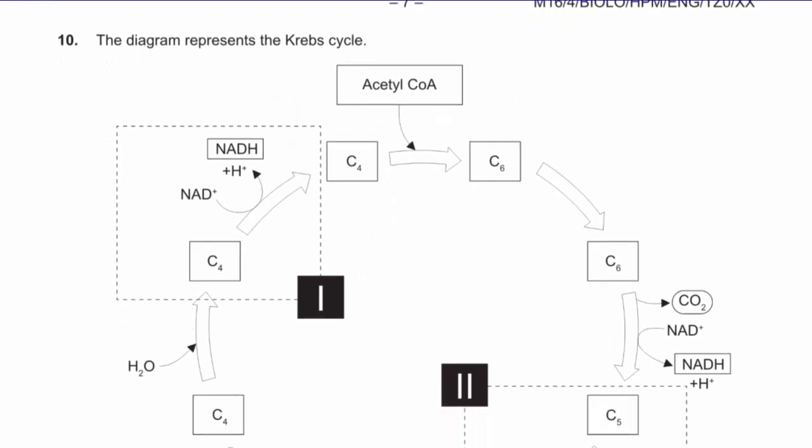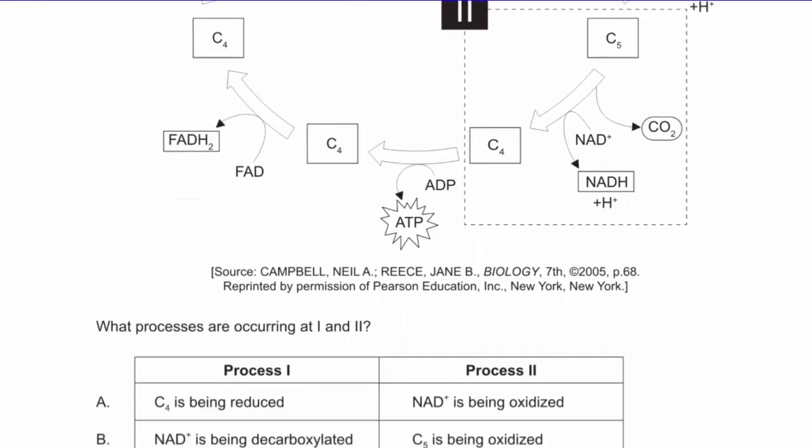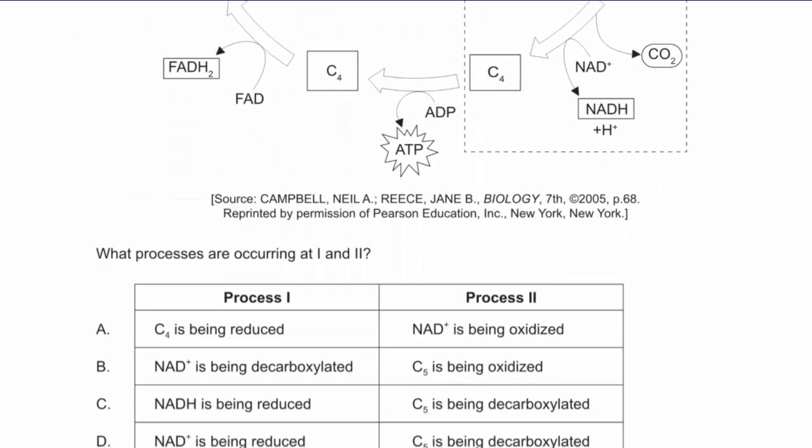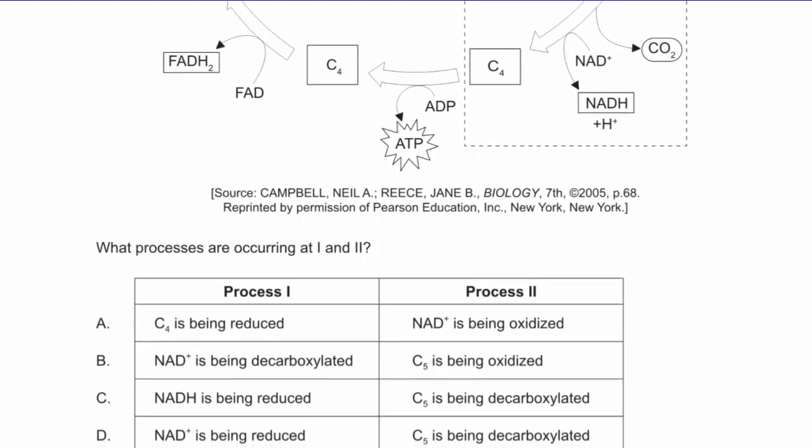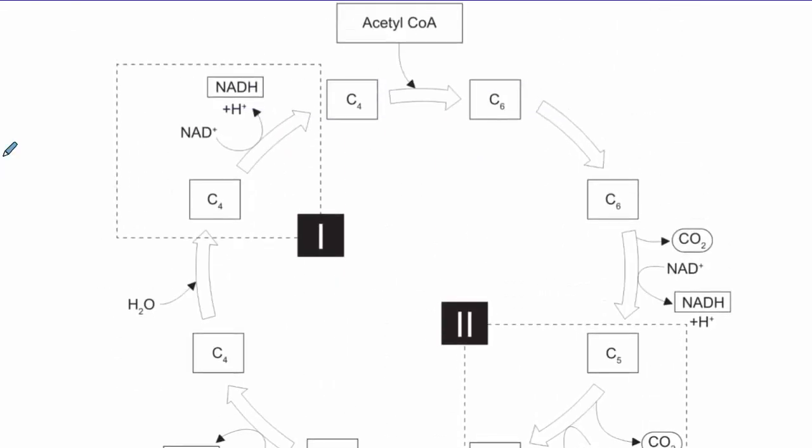Number 10. The diagram represents the Krebs cycle. Which processes are occurring at 1 and 2? So let's just look at 1 first. And here we see that NAD plus is reduced to NADH plus H plus. Usually when I teach this, I say that NAD is kind of a lorry, and it's empty if it's NAD plus.